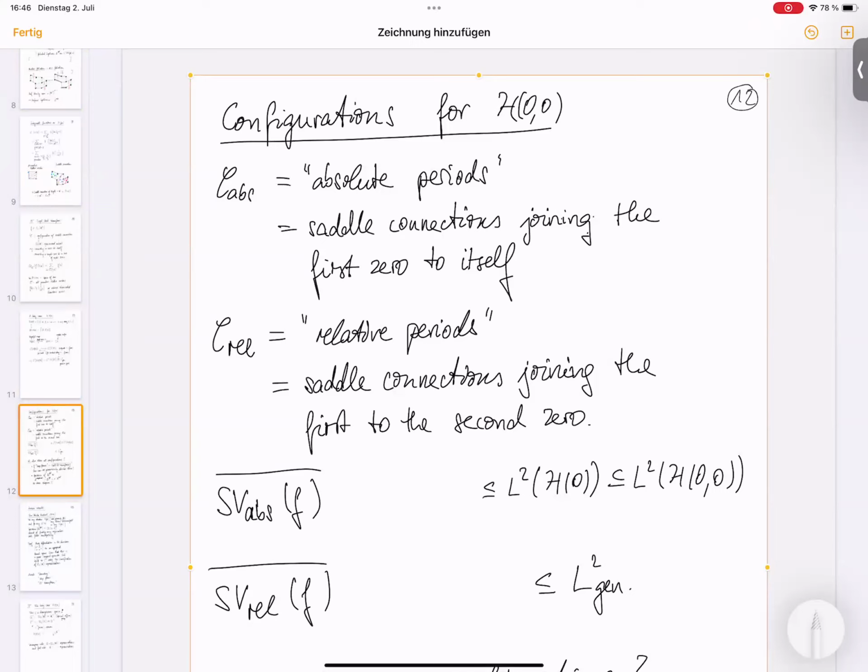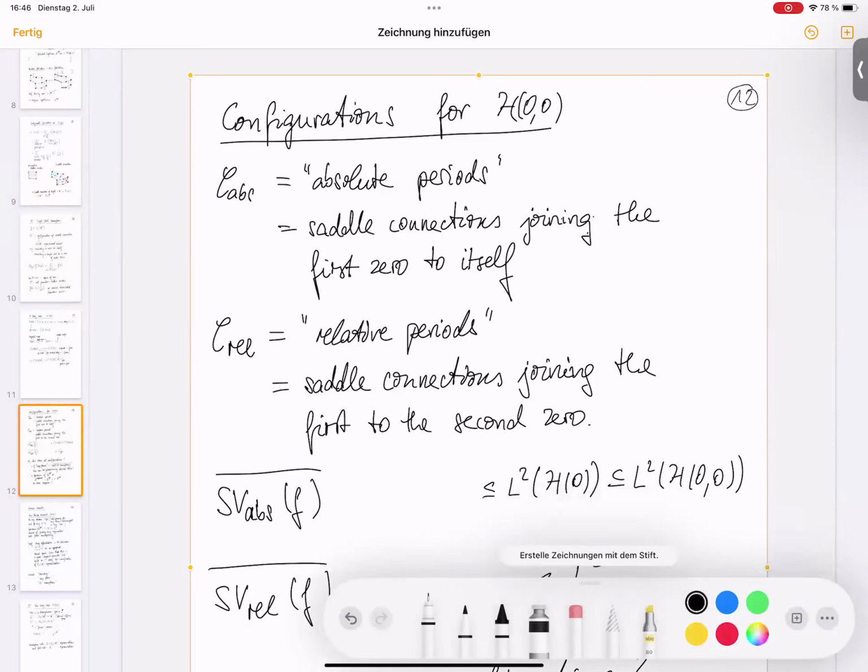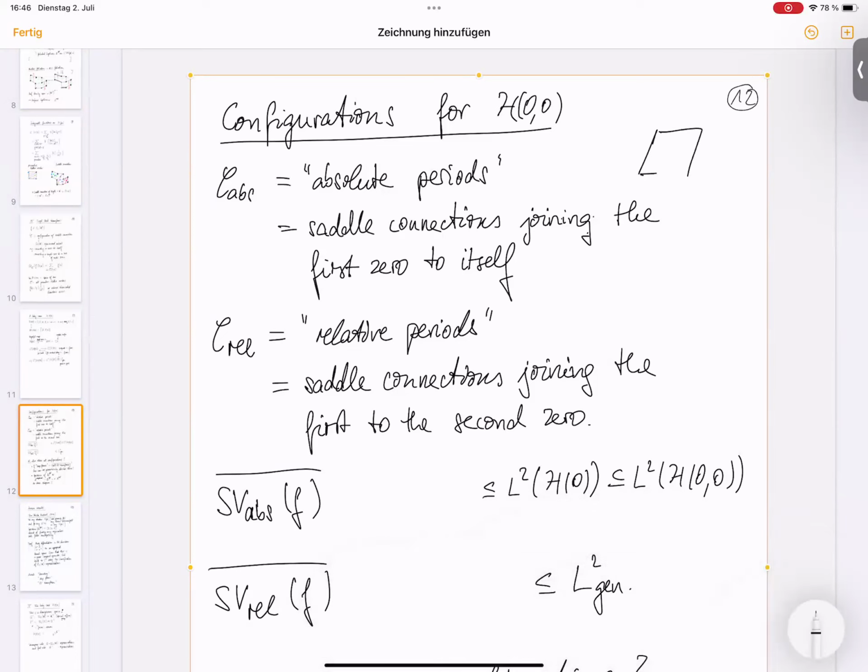Or you could do the opposite thing. You can take the saddle connections that join the first zero to the other one. So if this is a point in space, and this is the first zero, and this is the second zero, I'm drawing the same picture twice.